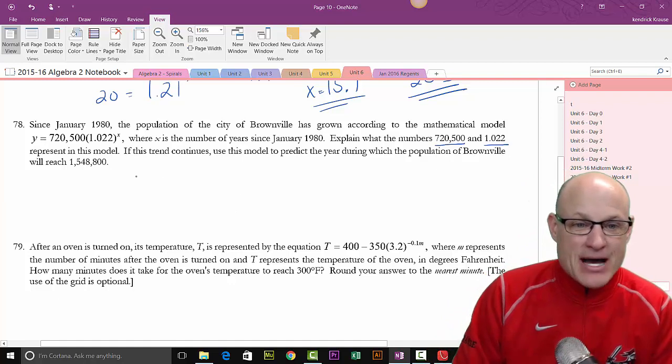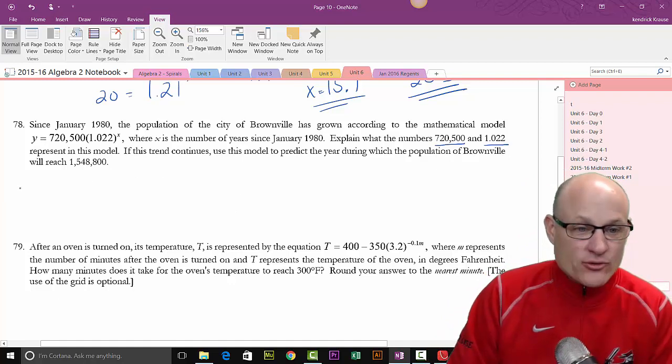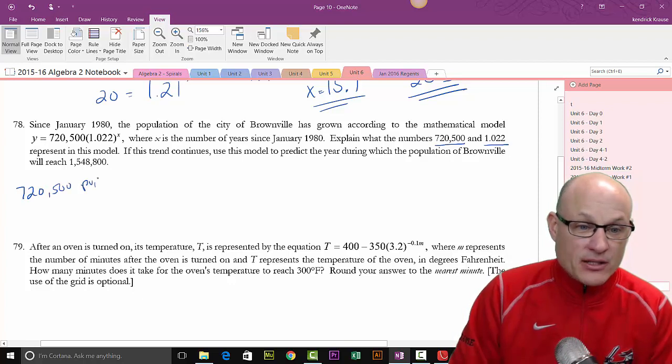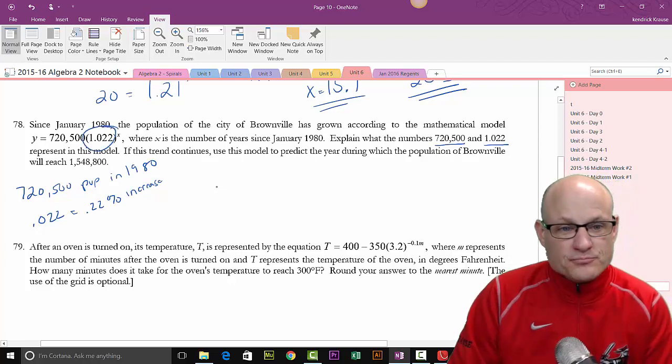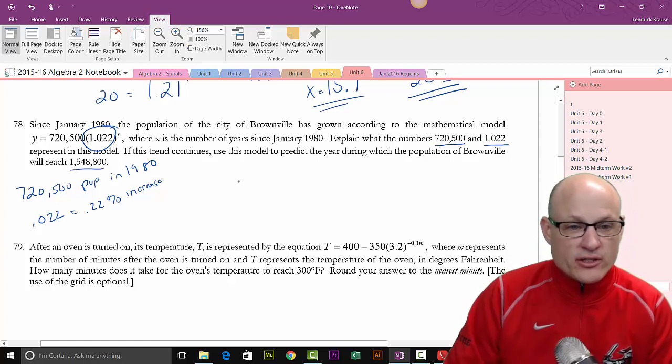So 720,500 is the population in 1980. And the 0.022 represents a 2.2% increase. The reason it's an increase is because the base is bigger than 1.